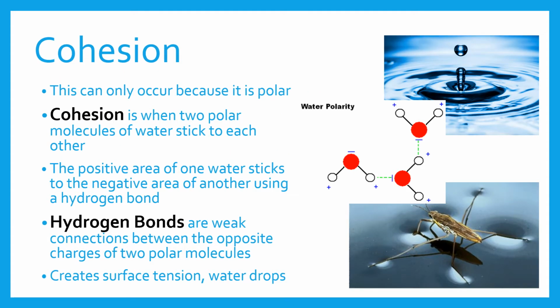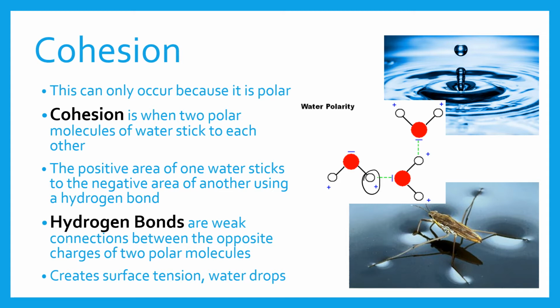So because of this property of polarity, water now has these positive and negative charges to it. And what happens when you have positive and negative charges in an area? Well, opposites attract. So we call this cohesion, when 2 polar water molecules stick to each other.